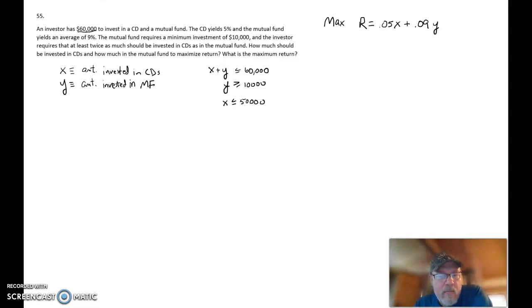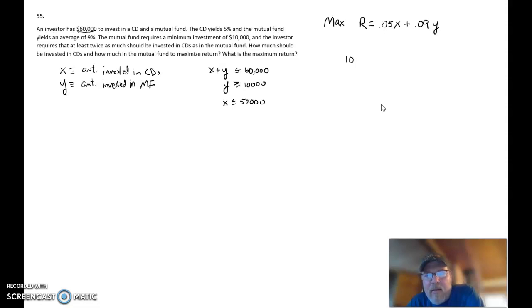And here's a little tricky. The investor requires that at least twice as much should be invested in CDs as in the mutual fund. If I invest twice as much in X as I do in Y, for example, let's say I invest $10 in CDs, and that's at least twice as much.